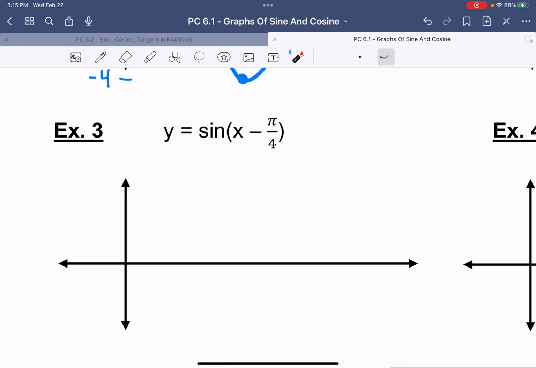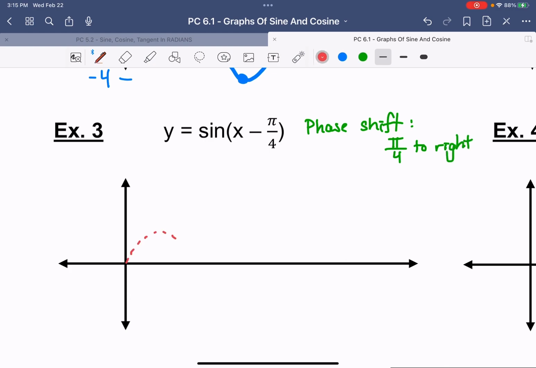So all we have going on here now is this value inside the parentheses, which is now a new term. It's called a phase shift. Okay, so the phase shift is essentially just going left or right. Opposite, same rules apply. So we're actually going pi over 4 to the right. Okay.